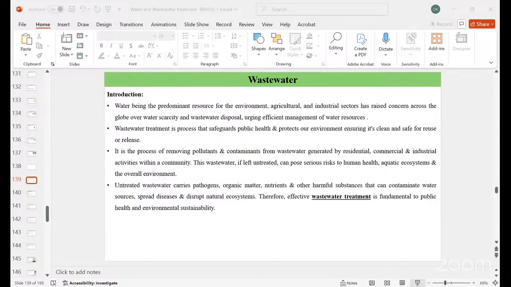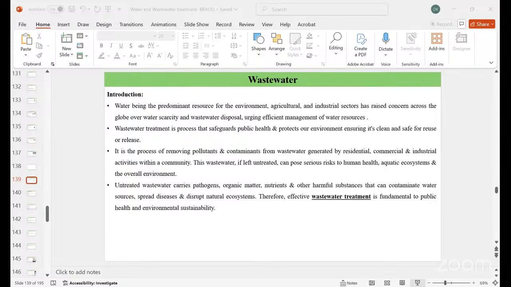And coming to the receiving water body, that is the type and sensitivity of the water body where the treated effluent will be discharged. Strict standards are required for sensitive ecosystems or drinking water sources.